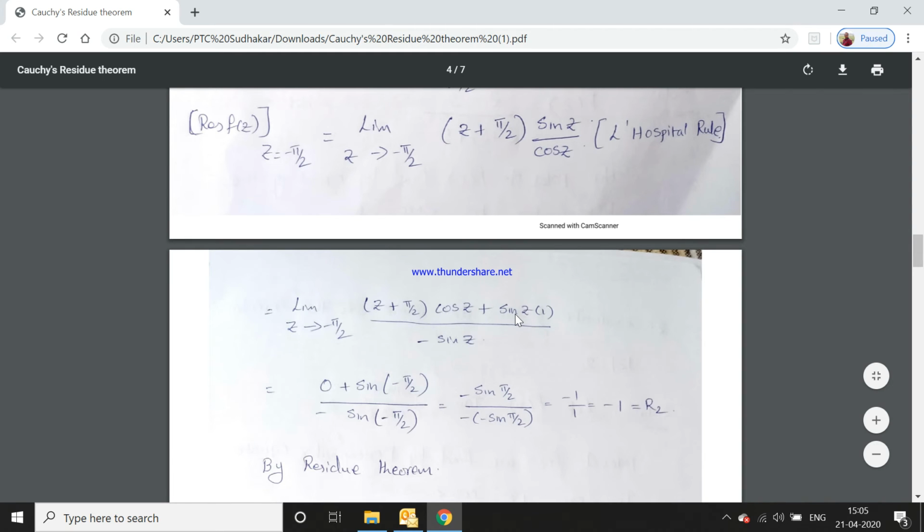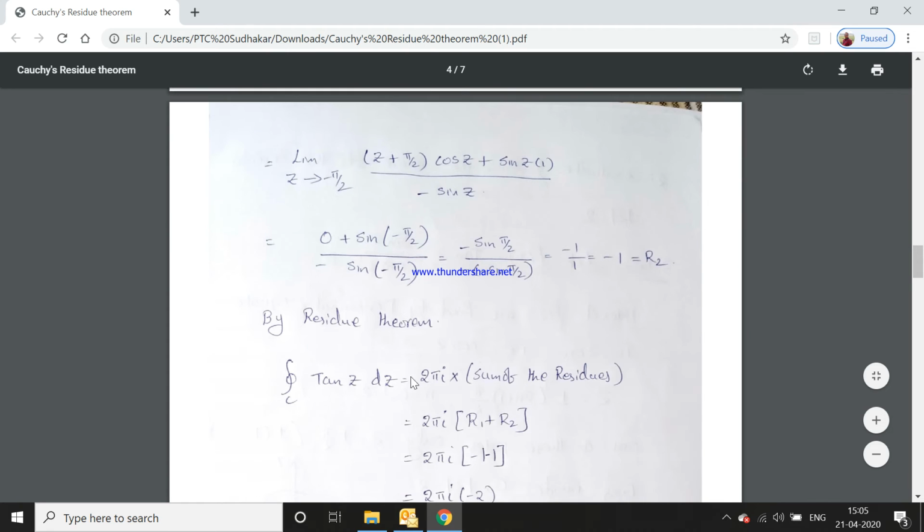Sin of minus theta is minus sin theta, so sin of minus pi by 2 is minus sin pi by 2, which is minus 1. The denominator is minus sin of minus pi by 2, which is minus of minus 1, that is plus 1. So minus 1 by plus 1 is minus 1, that is residue R2.